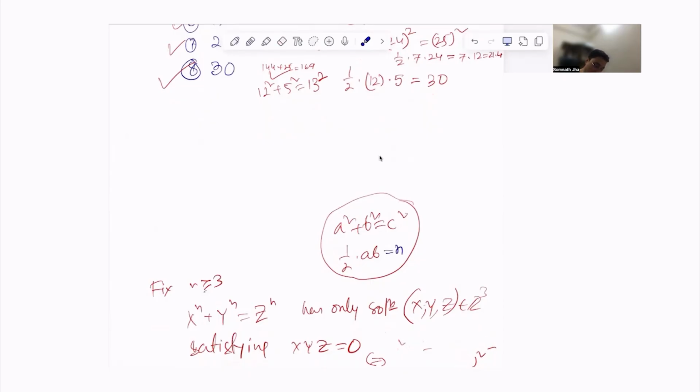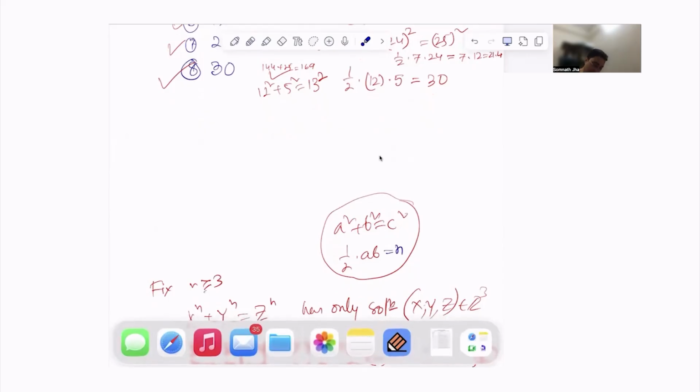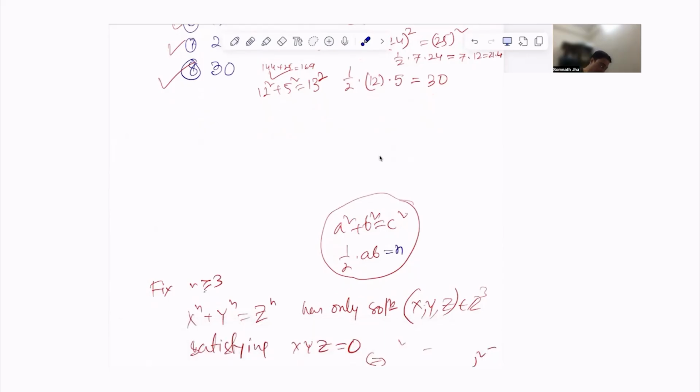And why are we suddenly talking about this? Because if we find all a, b, c such that a square plus b square equals c square, then you just collect half of ab, and you can always scale it down to make n an integer.